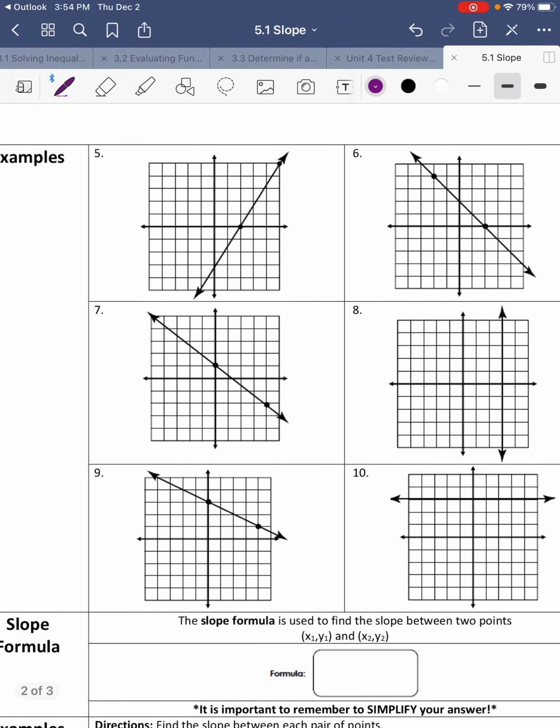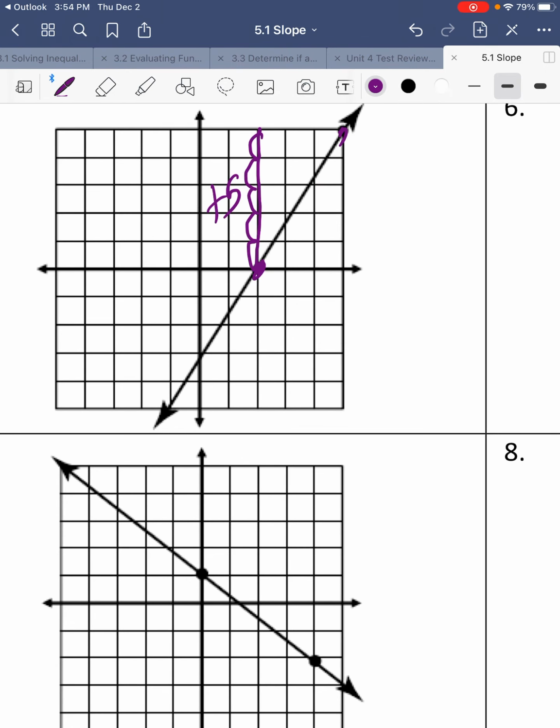All right, let's look at number 5. From one point to the next, start on the left and go up 1, 2, 3, 4, 5. So up 5. And to the right, 1, 2, 3. Rise up first, so 5 over 3. Done.